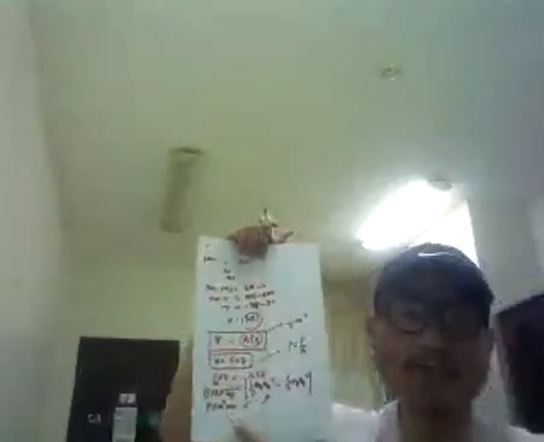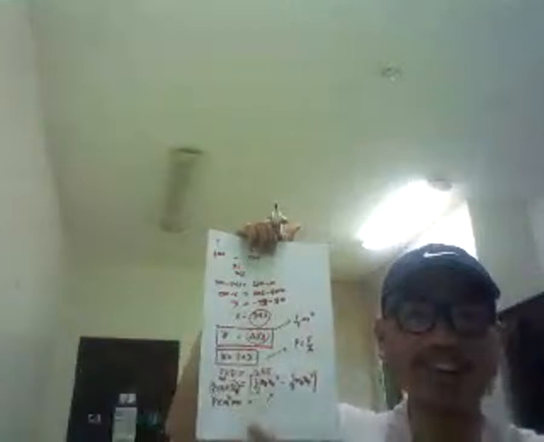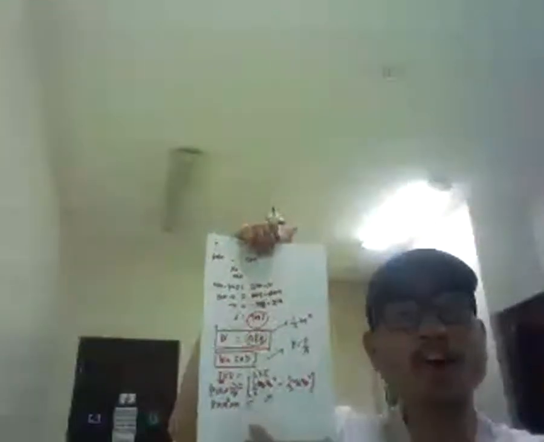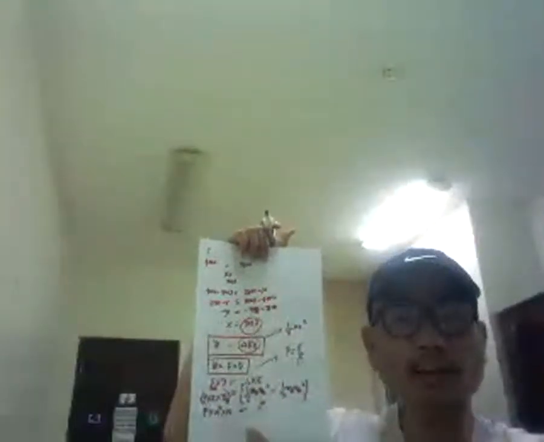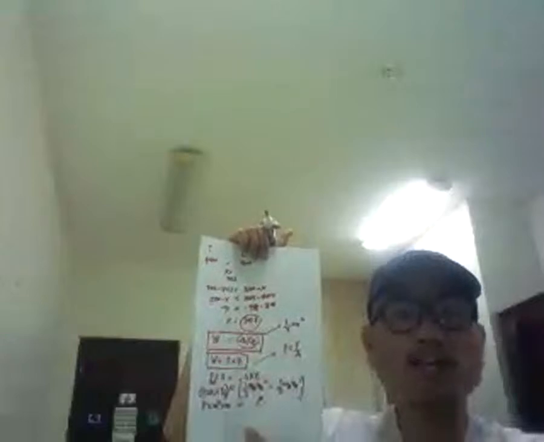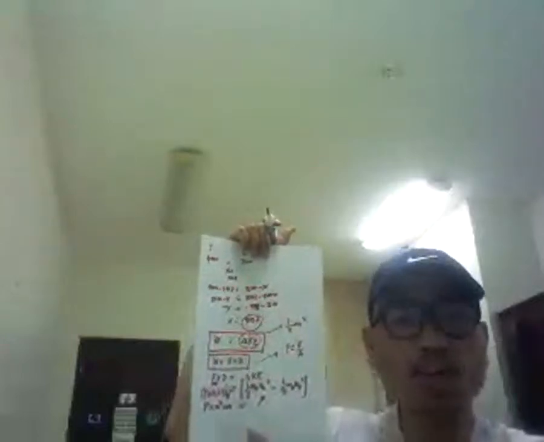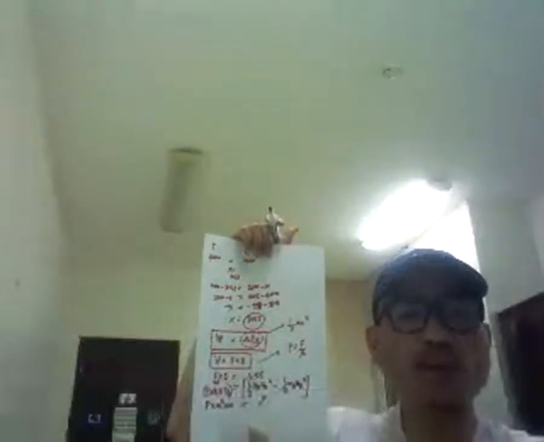So this is equal to the change in kinetic energy. Now, if you multiply square meter by meter, it's cubic meter. Cubic meter is a unit of volume.